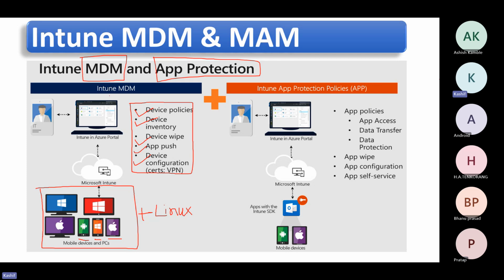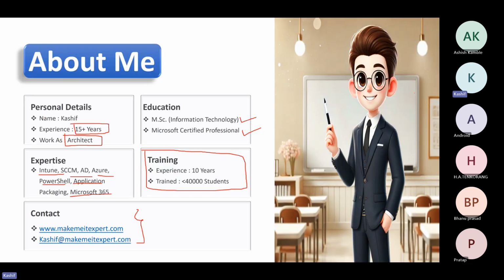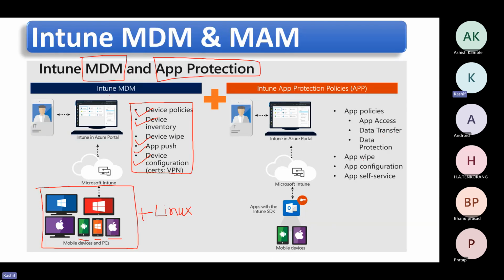In mobile applications, what all things can you do? Basically you can do application policies, wherein you have app access, then data transfer, then data protection, application wipe, application configuration, and app self-services. So on the mobile devices, you can control the application. For example, Outlook.